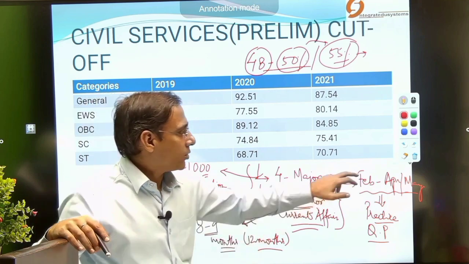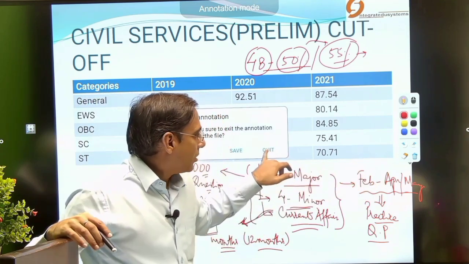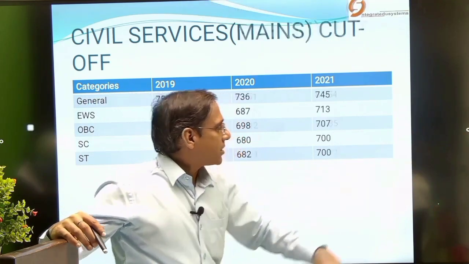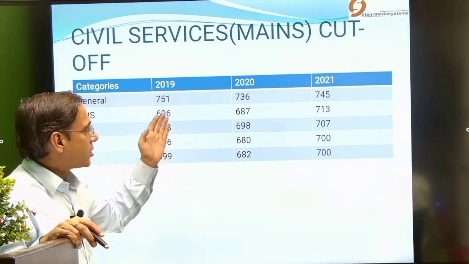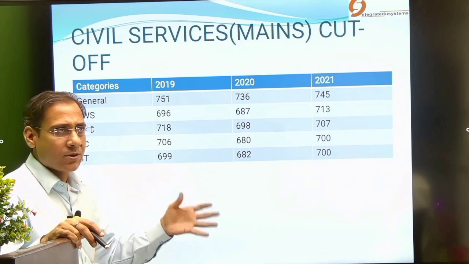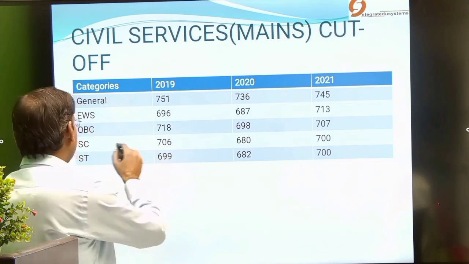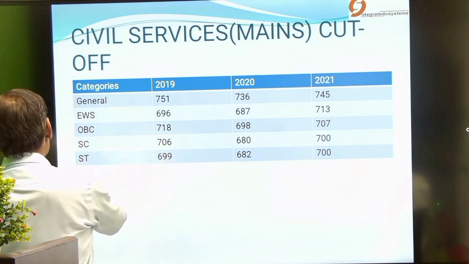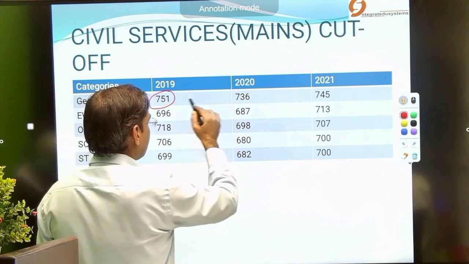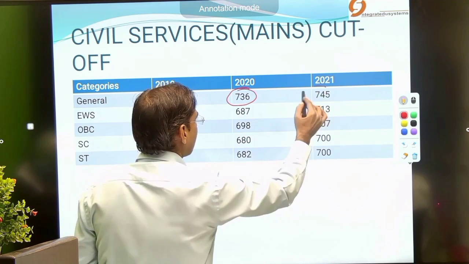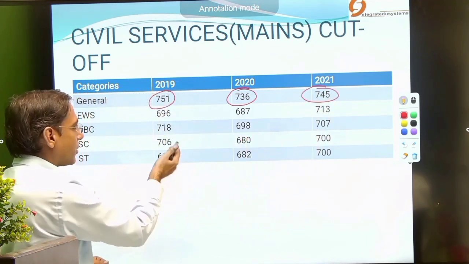Now, when you look at another statistic, look at the mains cutoff of the last 3 years. I have the statistics. In 2019, the mains cutoff was 751 for the general category, 736 and 745 for the other categories.